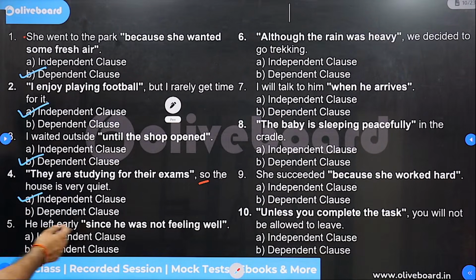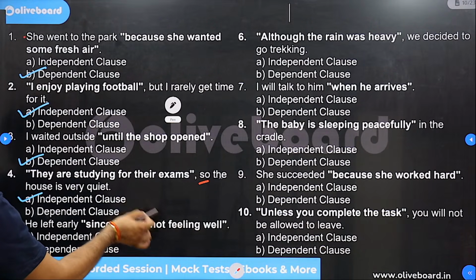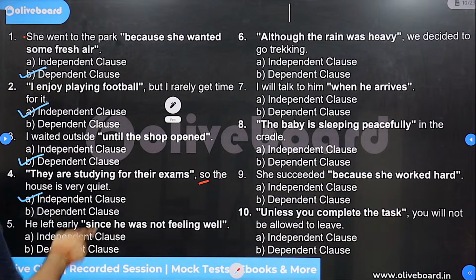Obviously, he left early. Why? Because he was not feeling well. So he was not feeling well. That's why he left early. Dependent on the previous sentence. Dependent clause.